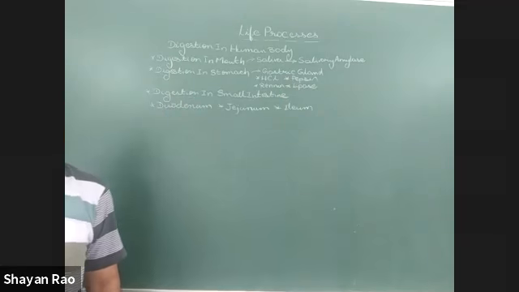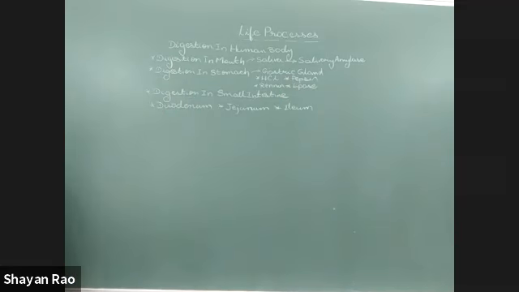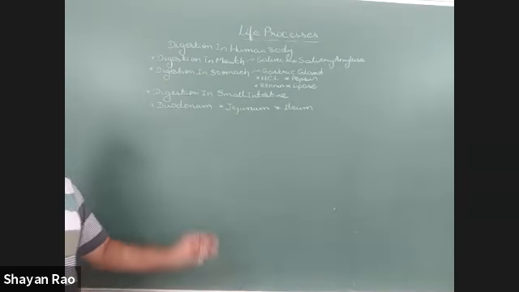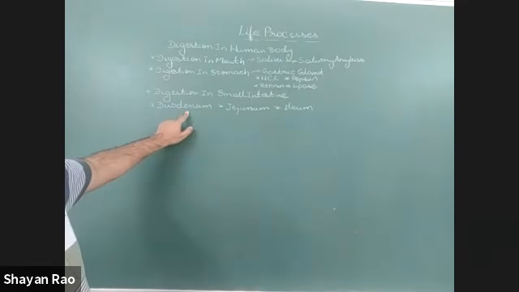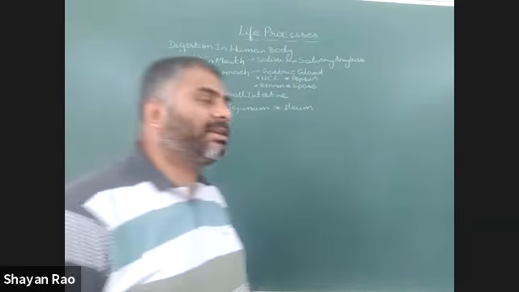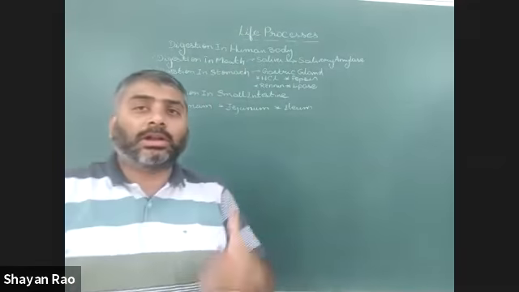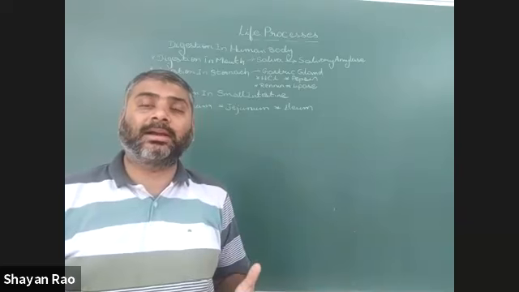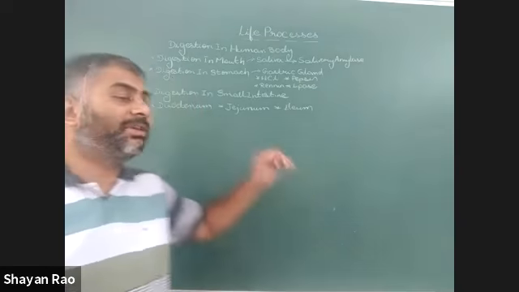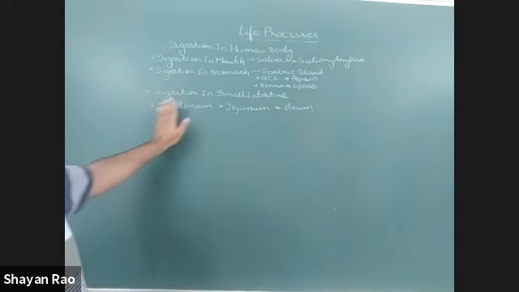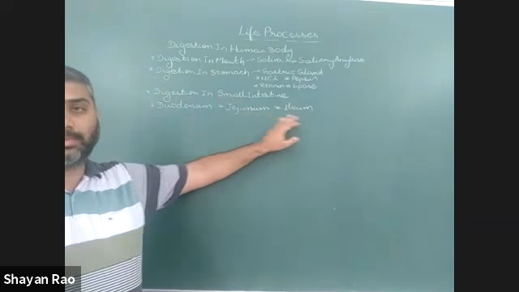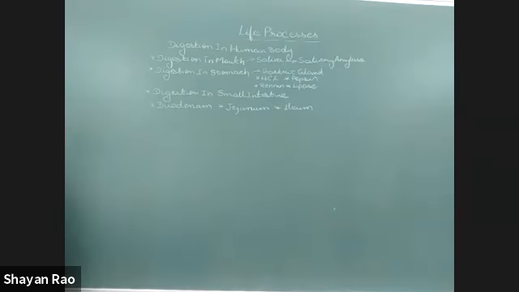Let's go ahead to understand the activity of digestion which takes place in the duodenum first. First we'll try to understand how the activity of digestion takes place in the duodenum. What are all the enzymes required for the activity of digestion in the duodenum, we'll understand. Then we'll go with the jejunum as well as the ileum part. So first, let's go with this.